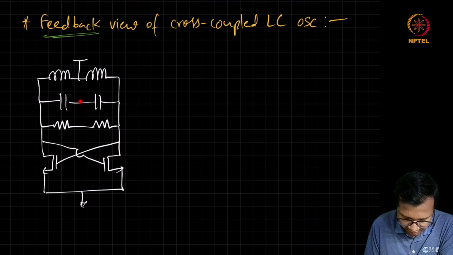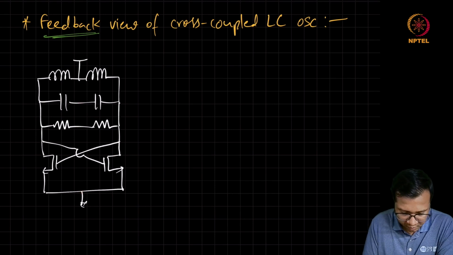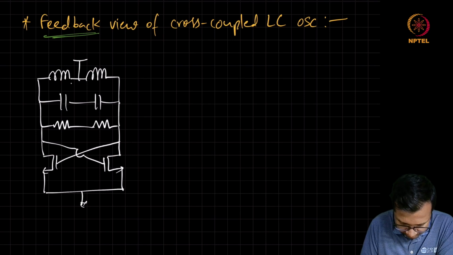And here we can see that all these nodes are anyway going to be virtual ground, so we can as well just short them.